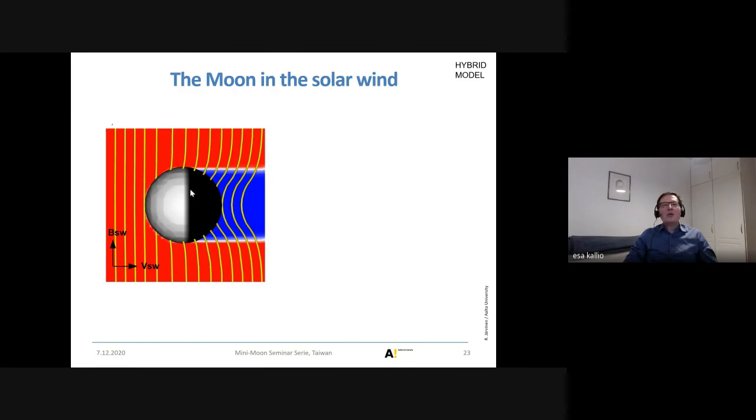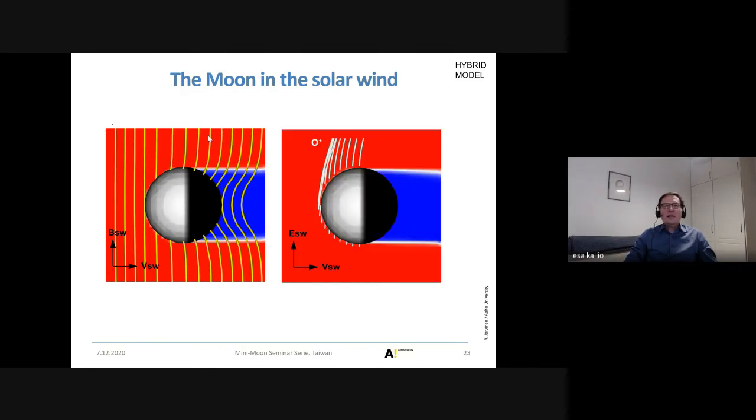Or we can include a core, or actually whatever 3D conductivity model inside the moon, and then we can get a more complicated draping pattern. But here you can see that in our hybrid model, it's not a sketch, it's a real simulation of the magnetic field.